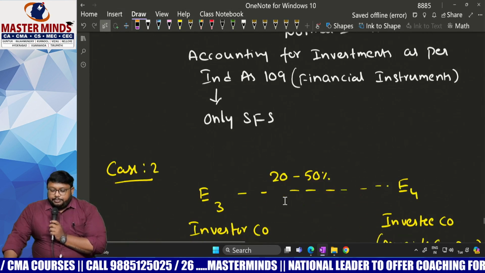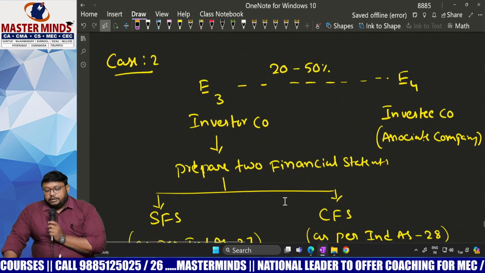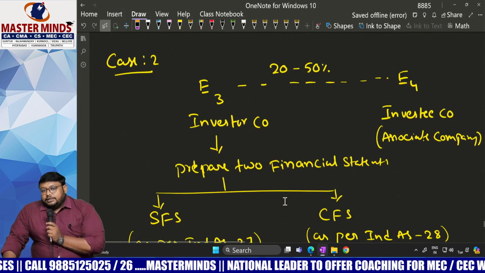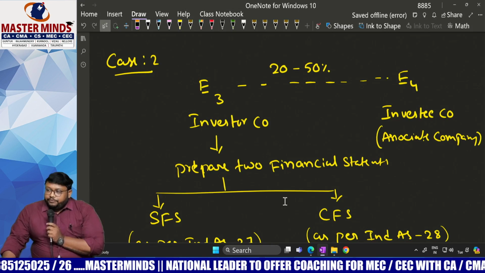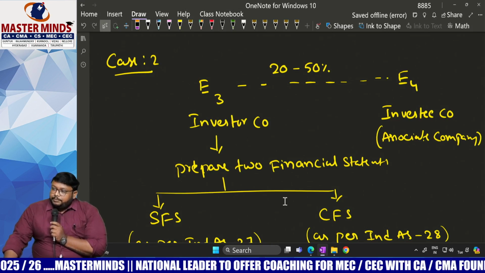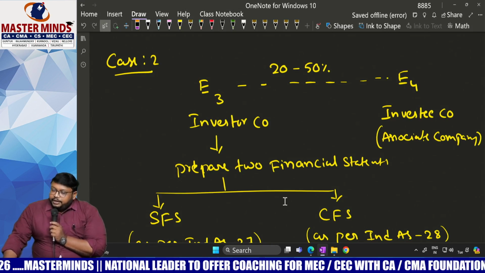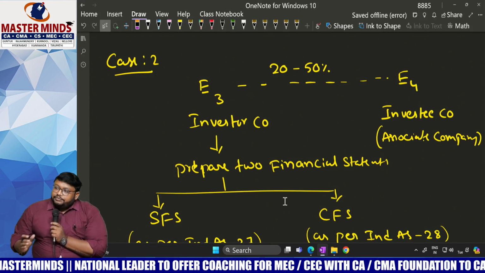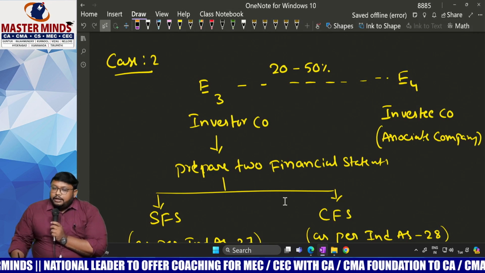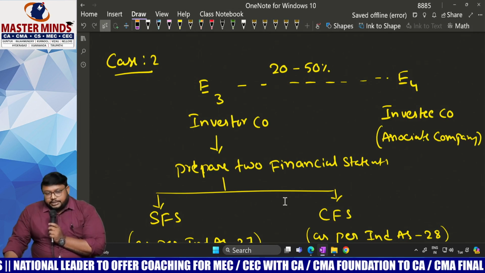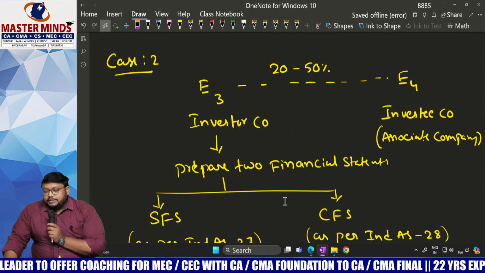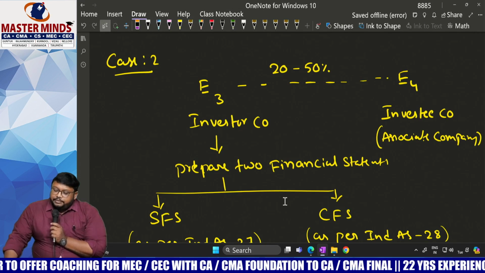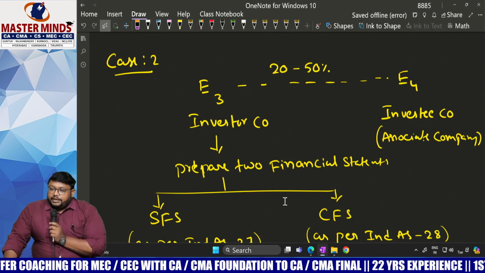Coming to the second case, if the size of investment is 20 to 50 percentage, the investee company will become your associate company, and the investment will become investments in associate companies. When we are making investments in an associate company, the investor company has to prepare two financial statements: one is separate financial statement and one is consolidated financial statement.